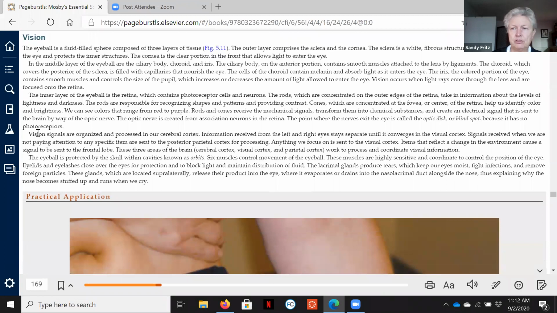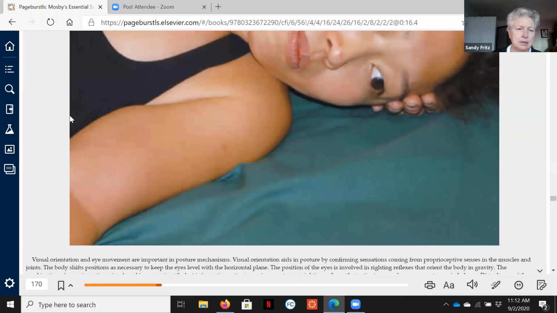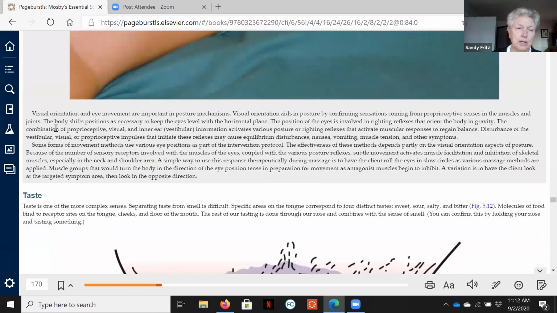And then we have our vision and how we visually orient ourselves. And the eyes have a tremendous amount of nervous system sensory and motor input. And they are in the picture.